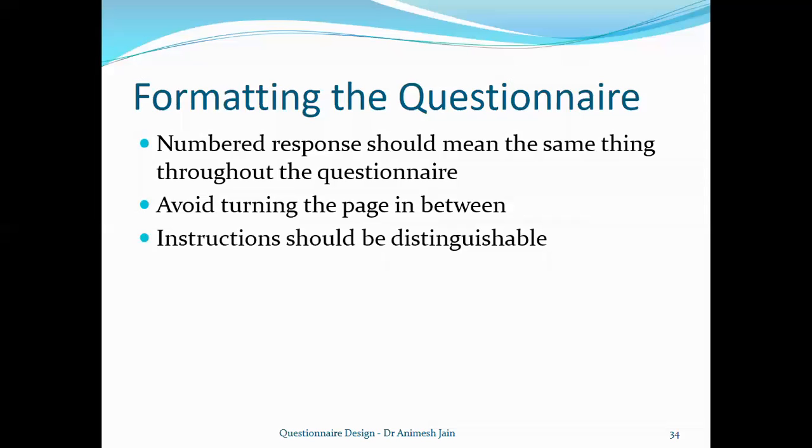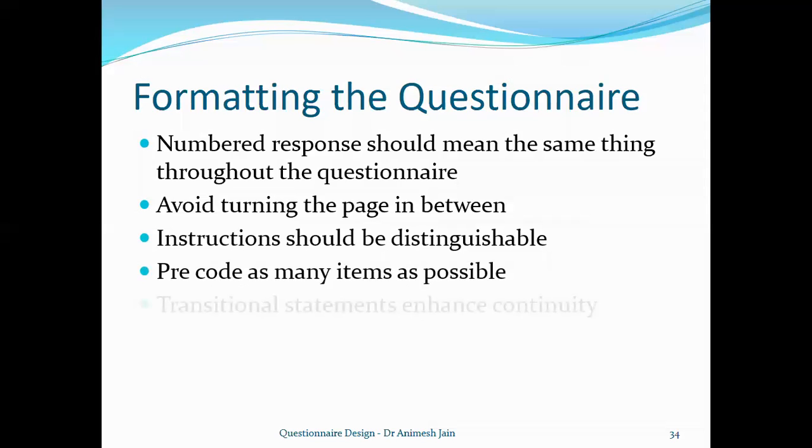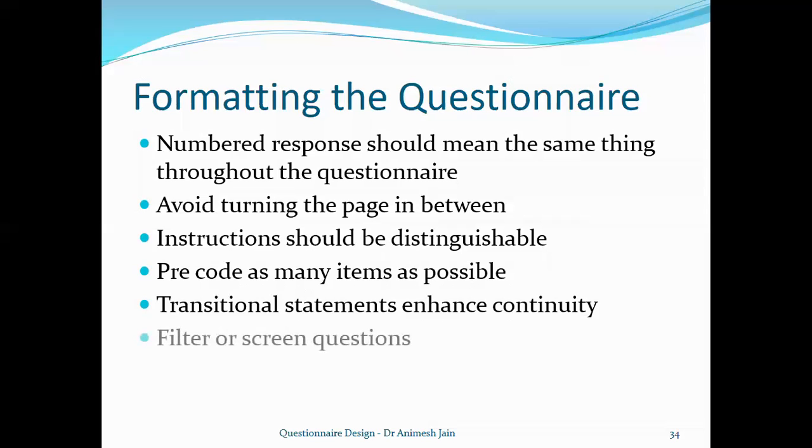Instructions should be distinguishable from the questions themselves, and try to pre-code as many as possible, because then it becomes much easier for you later to analyze and come out with your analysis and interpretation. And then the transitional elements. So now we will move on, like, we've understood this, now we would like to know something about you. Please tell us about yourself. Something like that. Or let us know what you do during your free time.